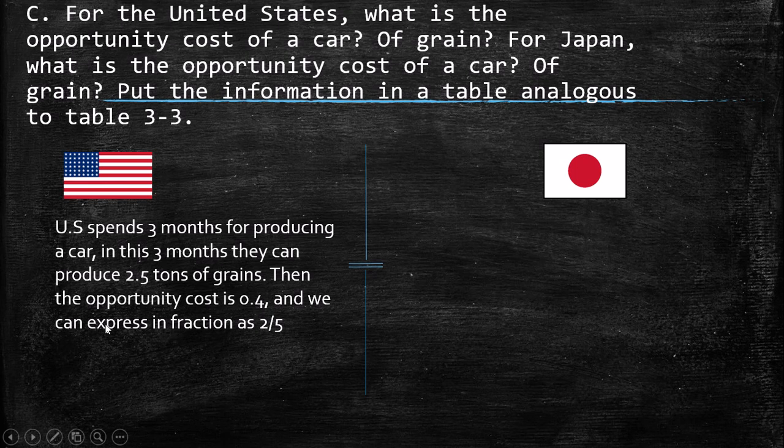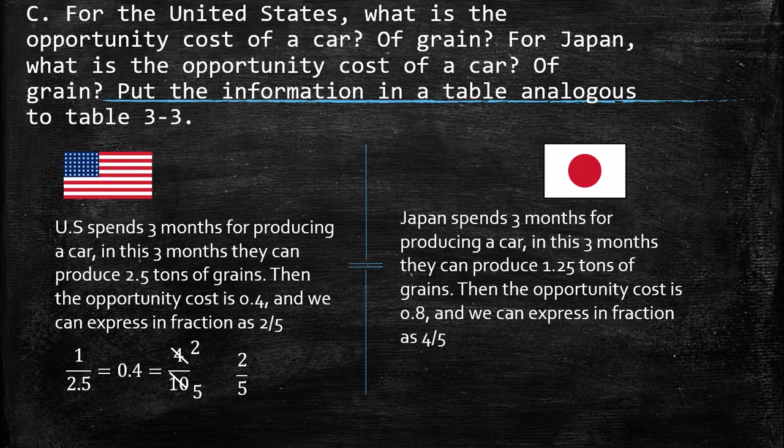If we convert this into a fraction, we have 2 over 5. Why? Remember, we have one car. In the meantime, we can produce 2.5 tons of grain. If we divide, we have 0.4. If we multiply the numerator and denominator, we have 4 over 10, and we can simplify by 2, so we have 2 over 5. So this is the opportunity cost.